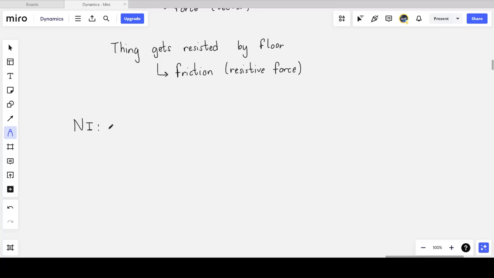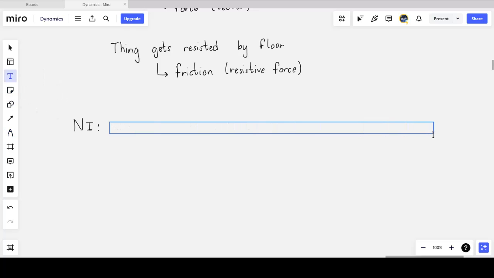Now, Newton's laws are not the only laws we can use to solve problems in mechanics, but for us, we're going to stick with Newton's laws, especially for now, as the way of solving problems when things are going to be moving.